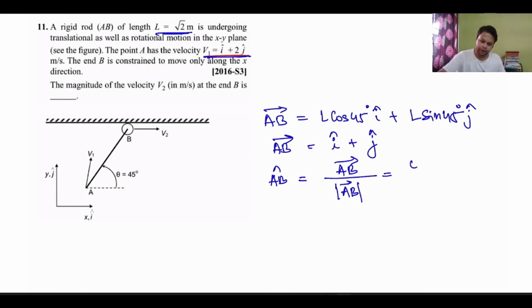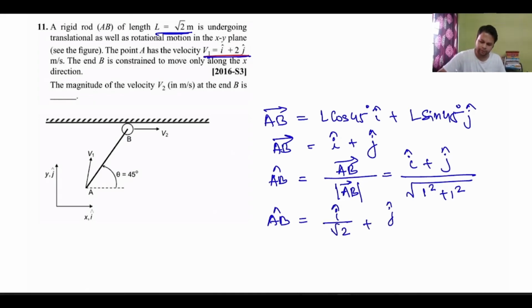So this will become I cap plus J cap divided by root over 1 square plus 1 square, right? So unit vector AB is equal to I cap by root 2 plus J cap by root 2. Okay, you'll get to know why I am finding this out.